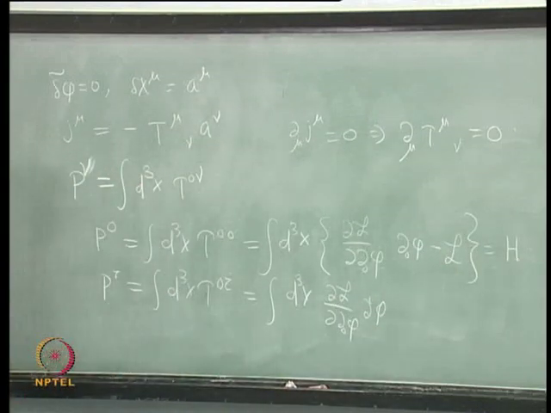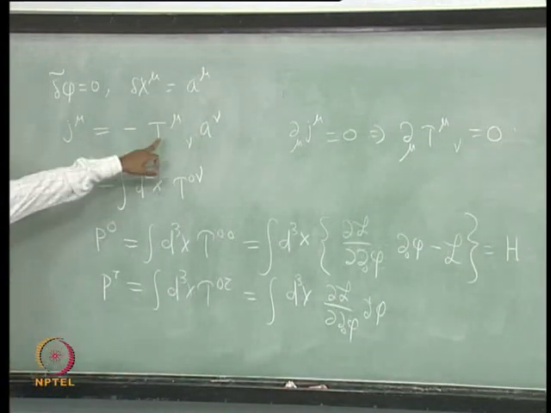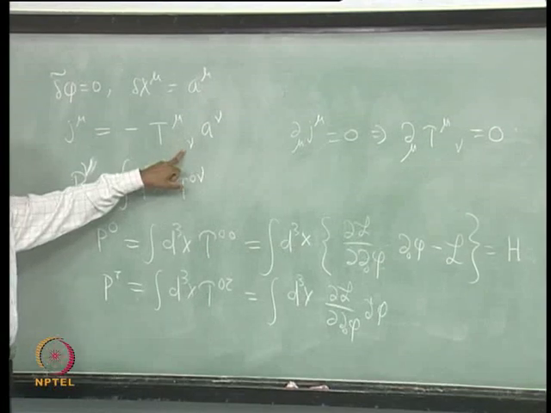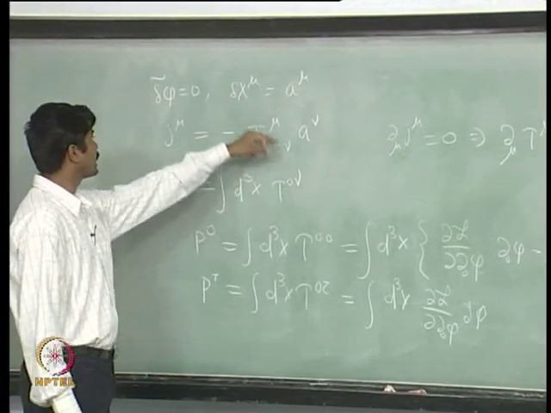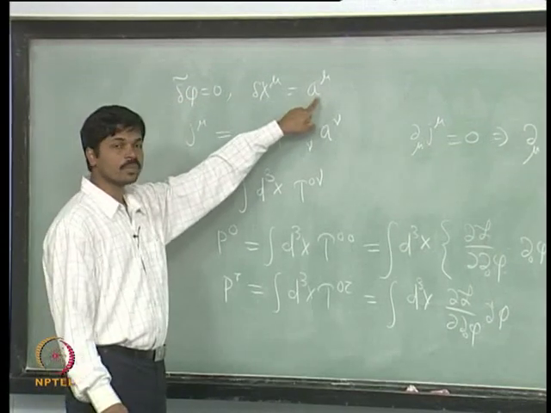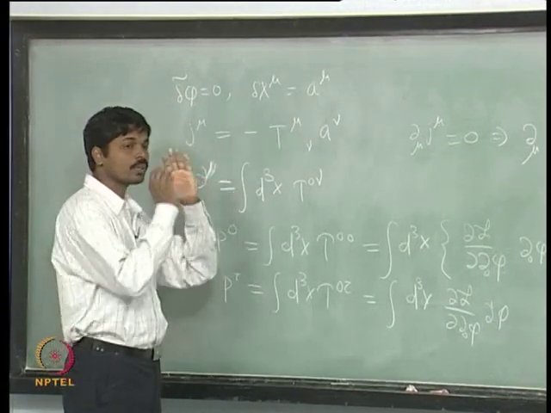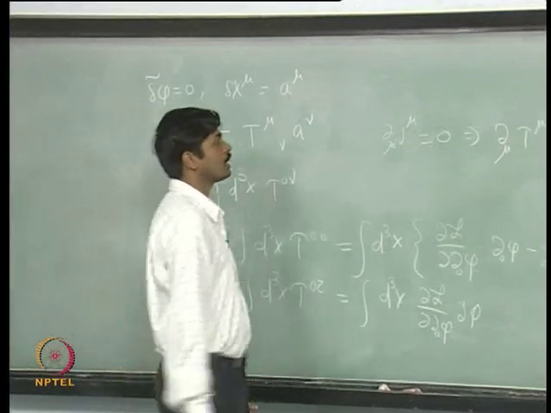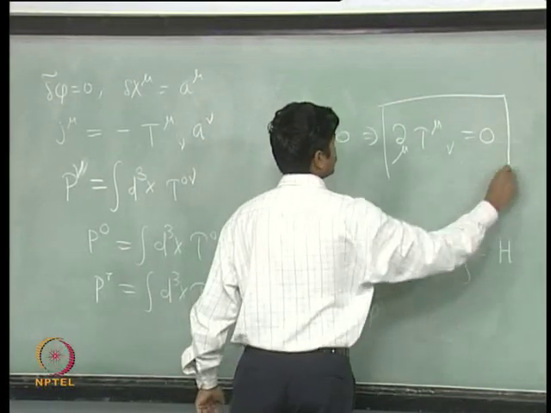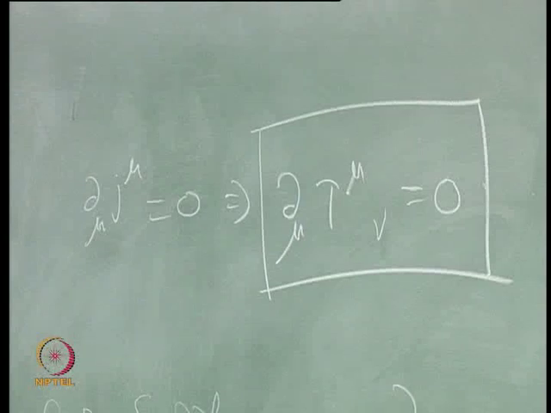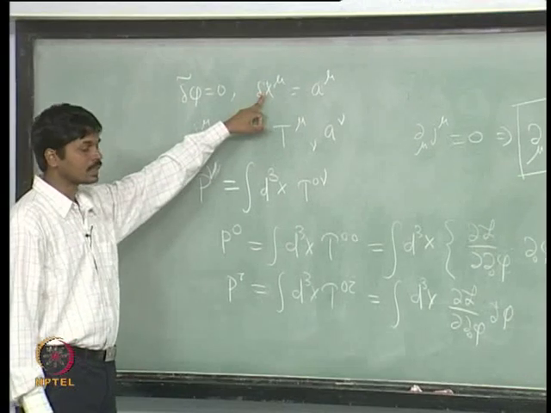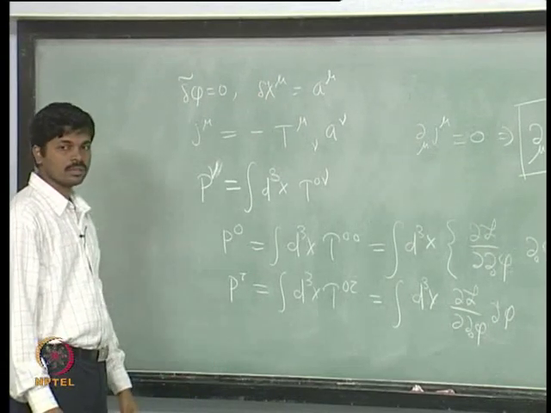This is the reason this quantity T^μ_ν is known as the energy momentum tensor, and what translational invariance implies is the conservation of the energy momentum tensor. So, the conservation of the energy momentum tensor is actually a consequence of translational invariance.